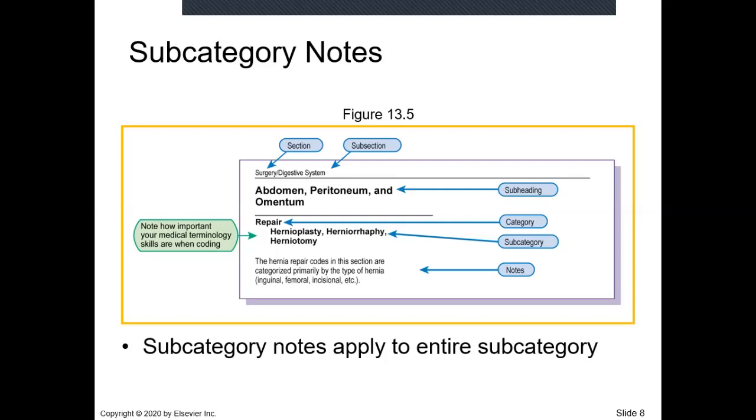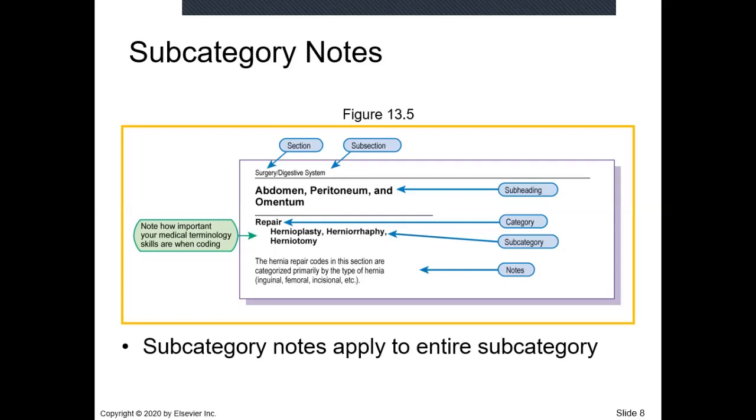Then I know that anything that's written here, and it's written in red, I highlighted a different color. Then my repair, I highlighted green because that's my category. And then my subcategory, I highlighted a different color. So that way you're going to know what you're looking at.